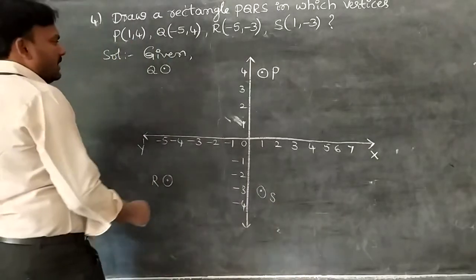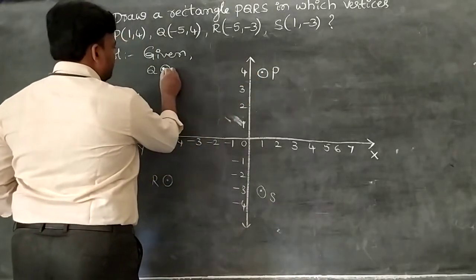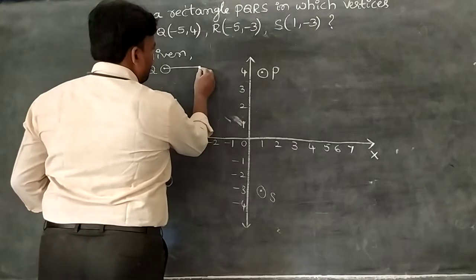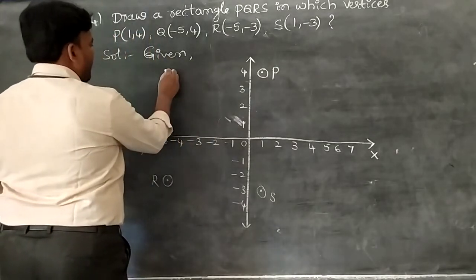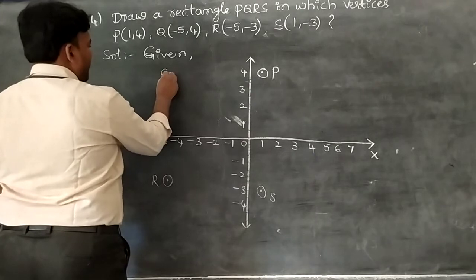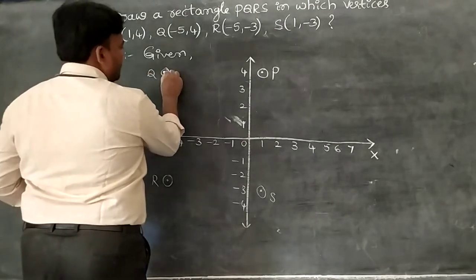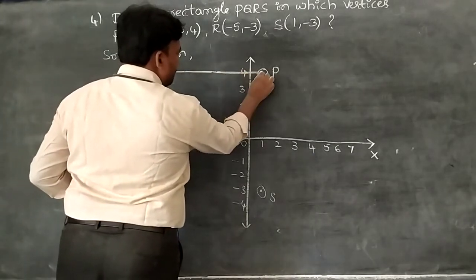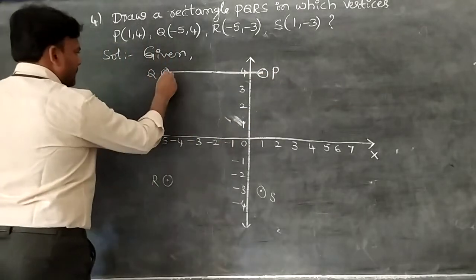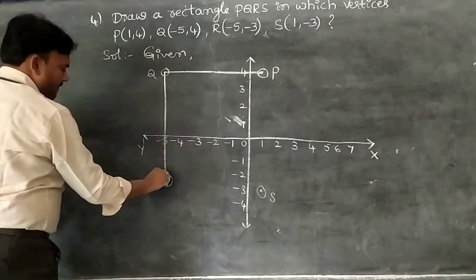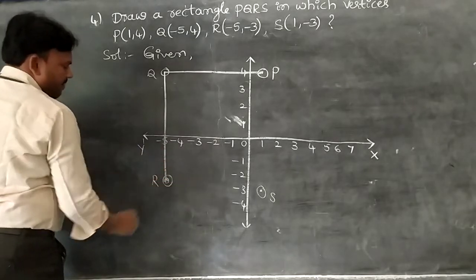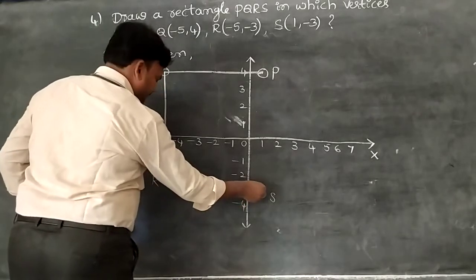Right. Joining the points. First P to Q or Q to P, both are the same, since the distance QP or PQ is the same. Next QR. Next RS.